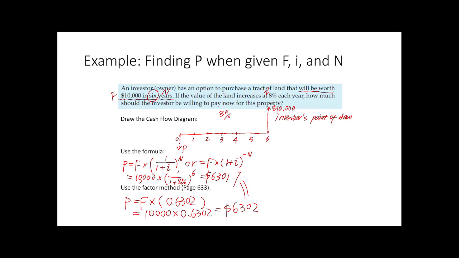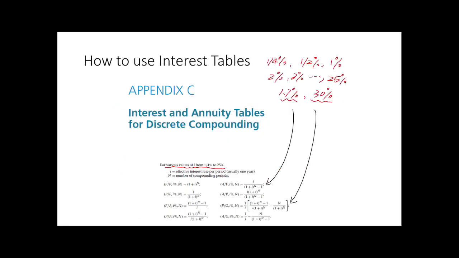Those are all the examples we have worked together, okay? So find the P given F and I and N, okay? We have introduced the formula method and the factor method. And of course, what you want to know is the factor method. And very important, how to use the interest table, okay?